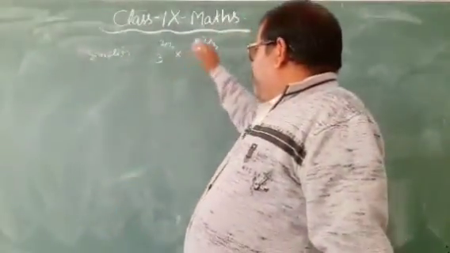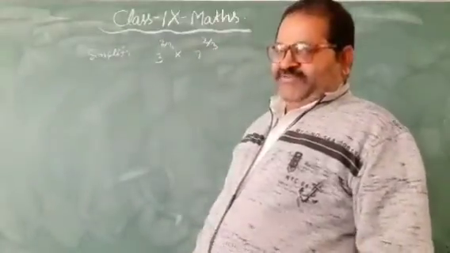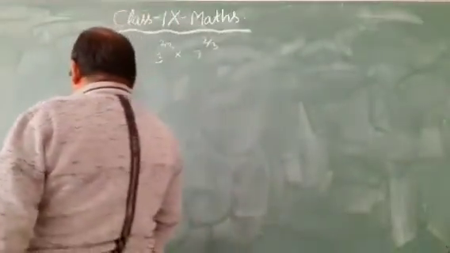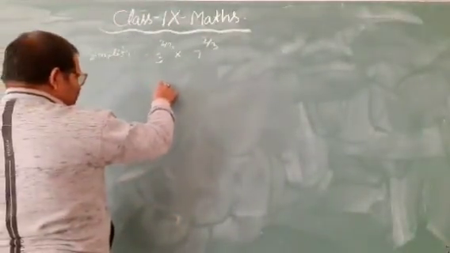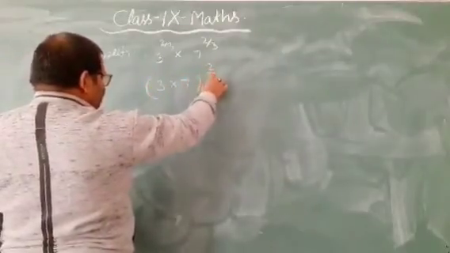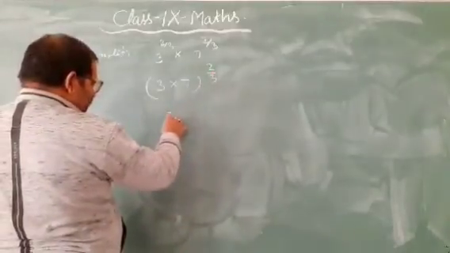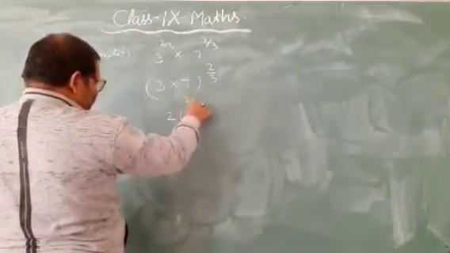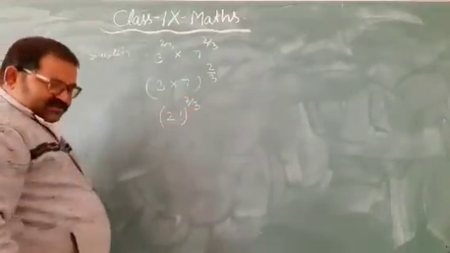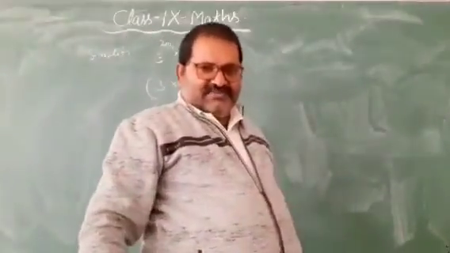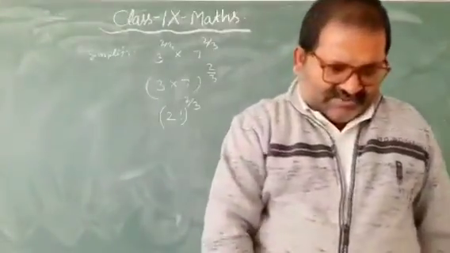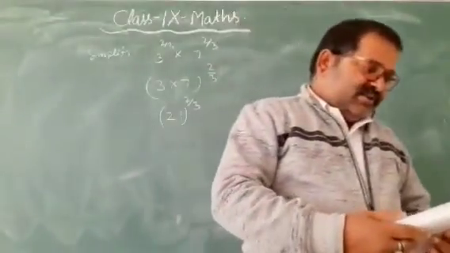The exponent is the same and the bases are different. So it can be written as (3 into 7) power 2 by 3, which is 21 power 2 by 3. So this is the simplification of the given number. Clear?